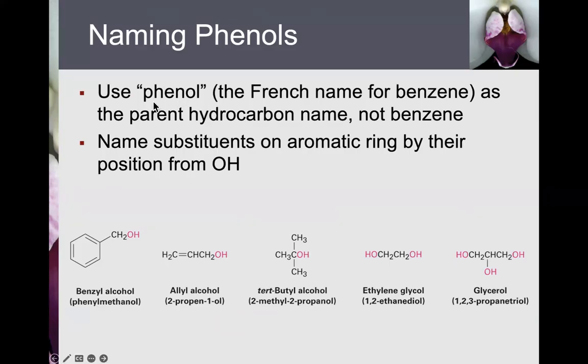Again, remember to use phenol as the parent name and not benzene. So this is phenylmethanol. And then for allyl alcohol, the one with a double bond: 1, 2, 3. So 2, since the double bond is on the second carbon, and 1, since your alcohol is on the first carbon. So 2-propen-1-ol.